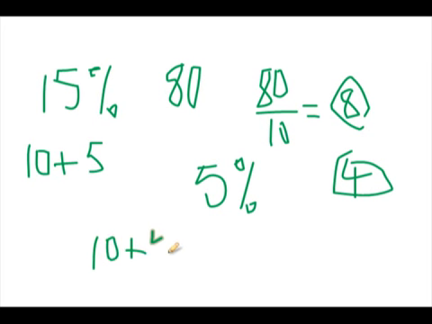The 10% is 8, and the 5% is 4, so the total is 12. The 15% is just 12. So with that in mind, you can easily compute 15%, but also whatever you can combine.